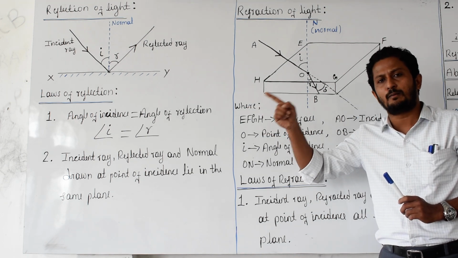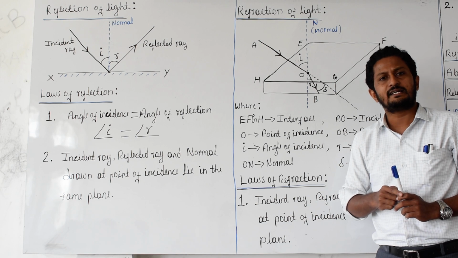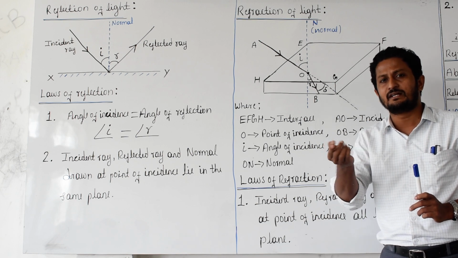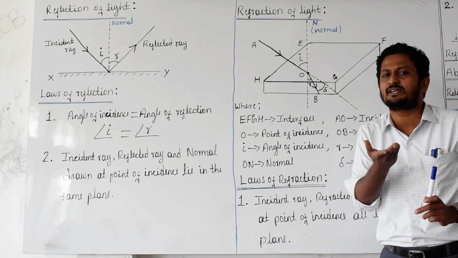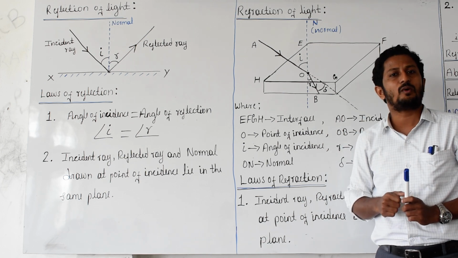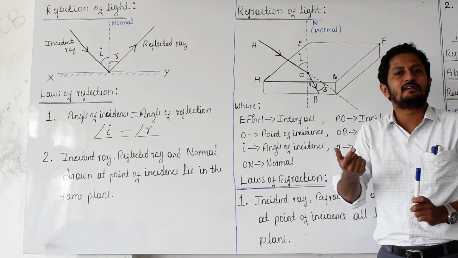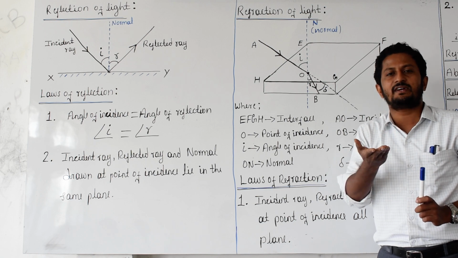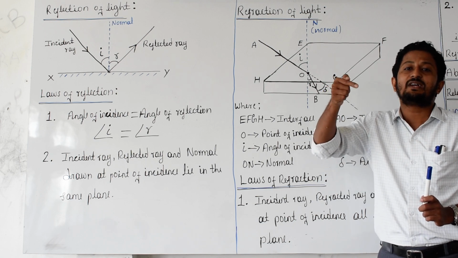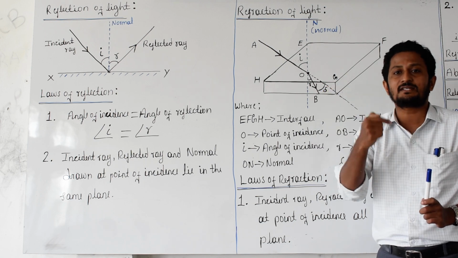When we are discussing reflection, one side surface of the material is coated. Why? Because that coated surface does not allow light rays to pass through it.